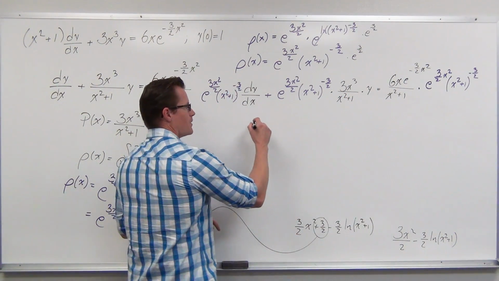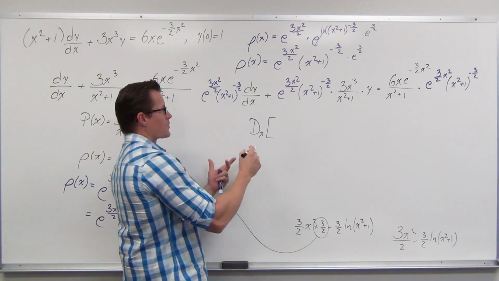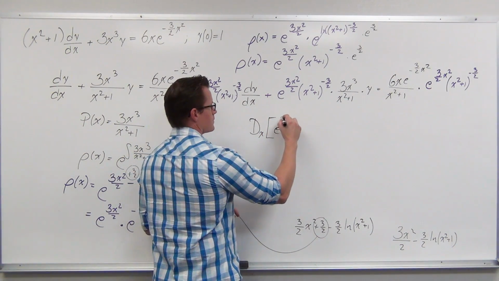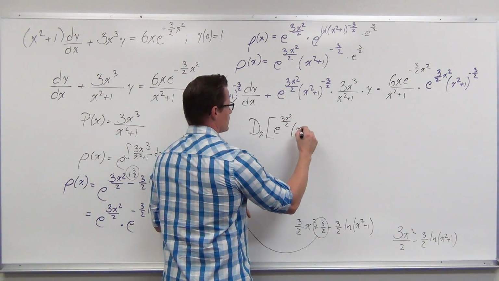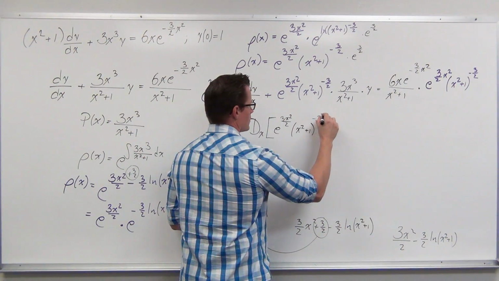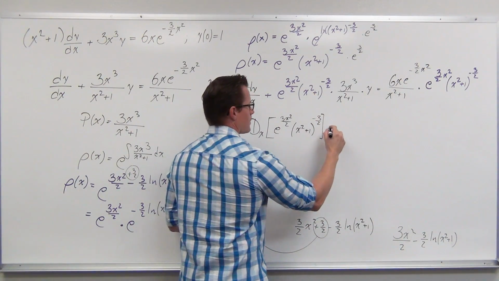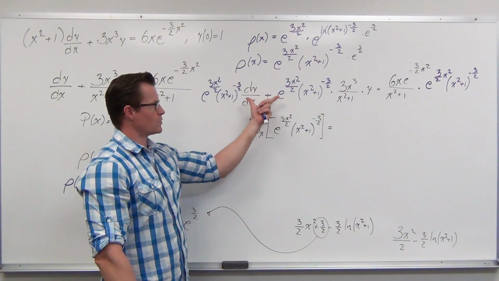What that means is that this is the result of a product rule, where our product is that.